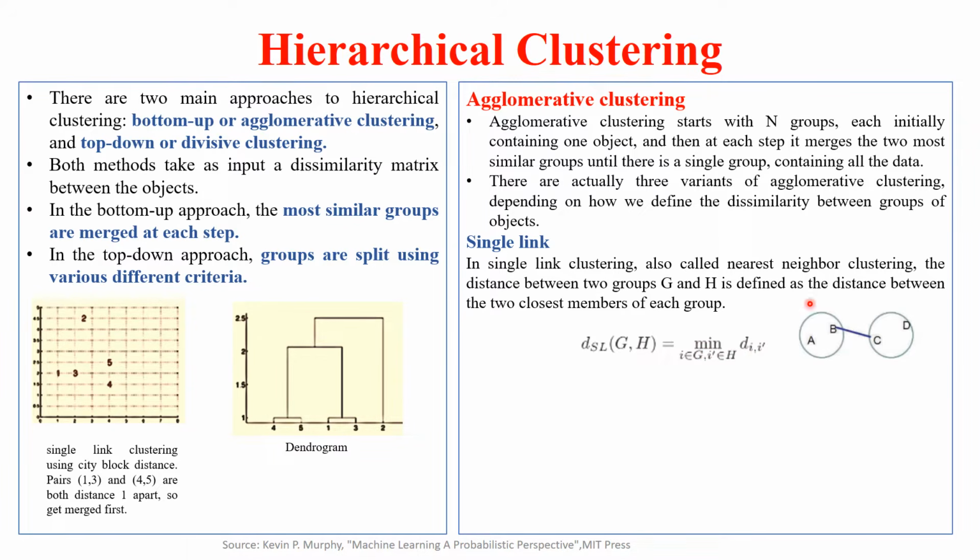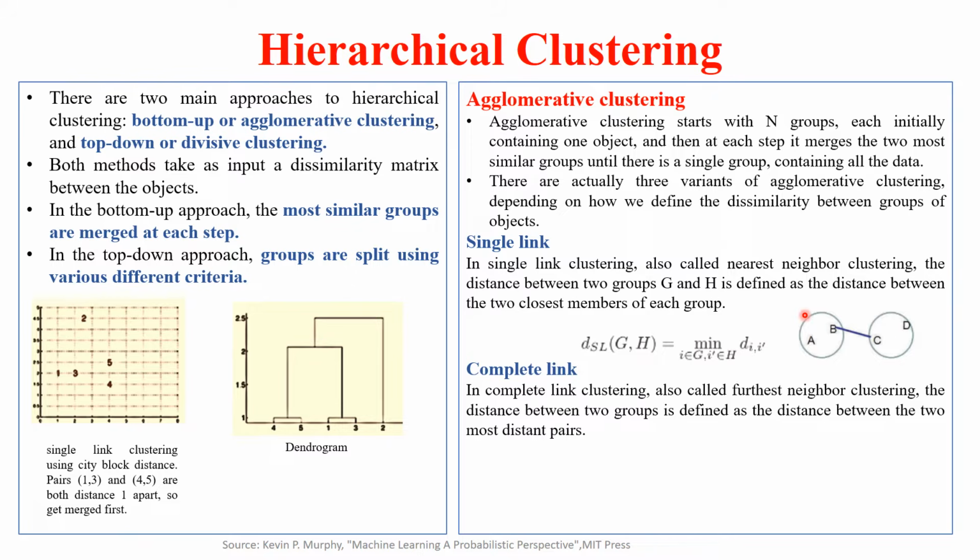For example, here A, B are the members of this particular cluster and C, D are the members of this particular cluster. In single link clustering, you can merge if B and C are at a minimal distance. You need not consider A and D as far as single link is concerned.